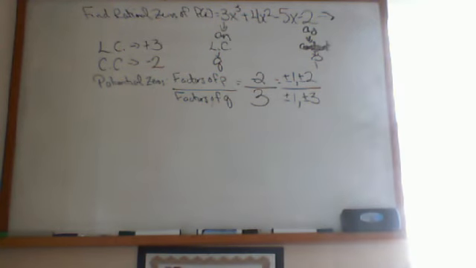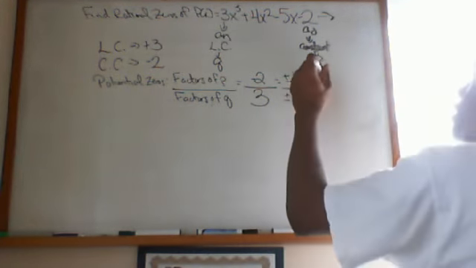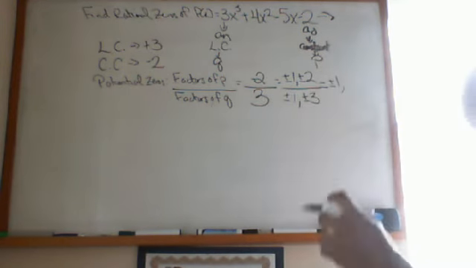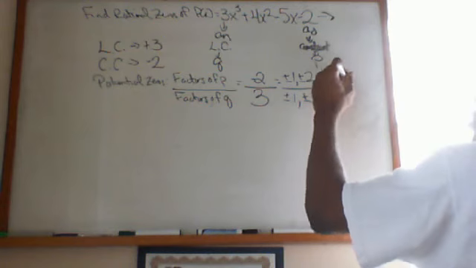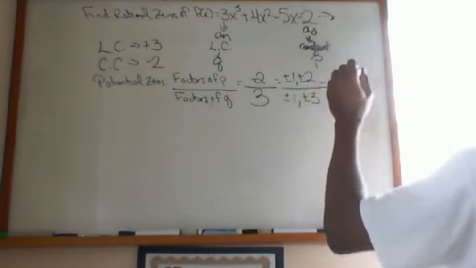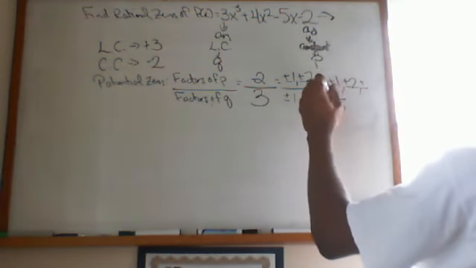Now, when I divide them against each other, 1 divided by 1 is 1, so plus or minus 1. 2 divided by 1 is 2, so plus or minus 2. 1 divided by 3 is 1/3, so plus or minus 1/3.